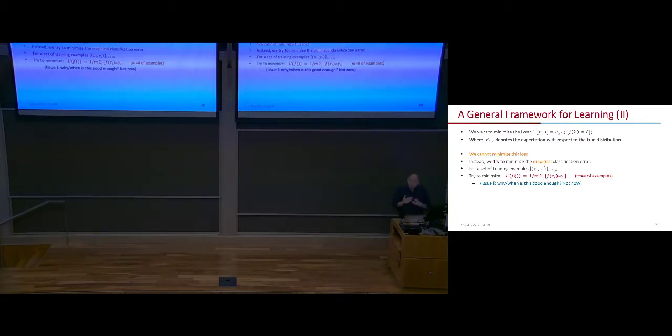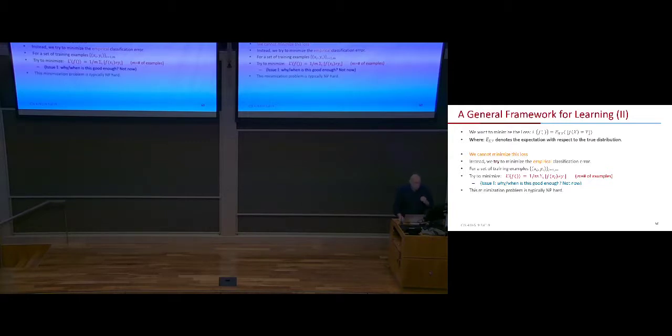The intuition is that if m is large enough and you're doing okay on this m training data, and the distribution that you see in training is about the same as the distribution you'll ever see in the world, doing well on this sample is going to guarantee that you're going to do okay also in the future. That's the intuition. We're going to make this more rigorous in a few weeks. But for now, that's what we are doing.